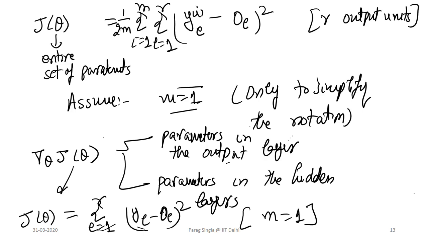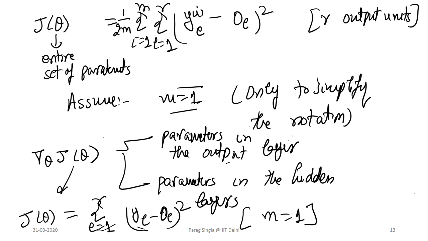And in the next class we will do it for the simple case of m equal to 1, only to simplify the notation. Whatever we derive is directly extensible to the case of multiple examples, because we can just take a sum outside.